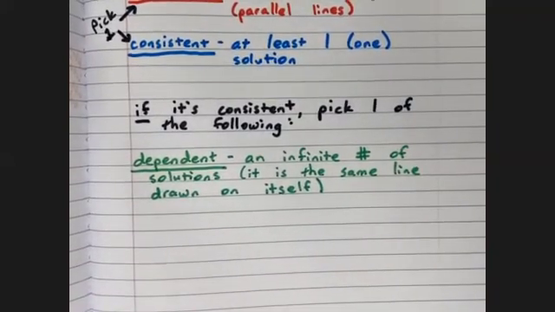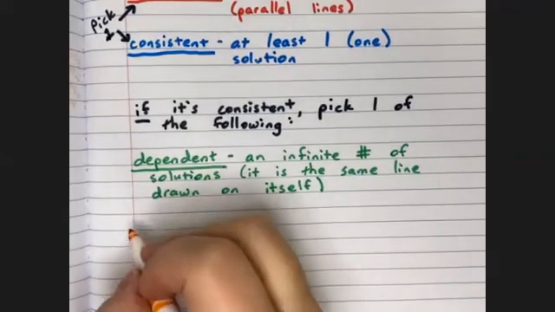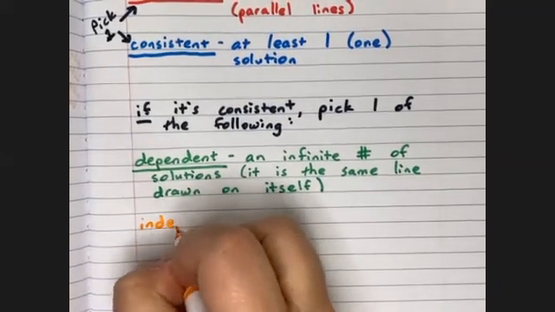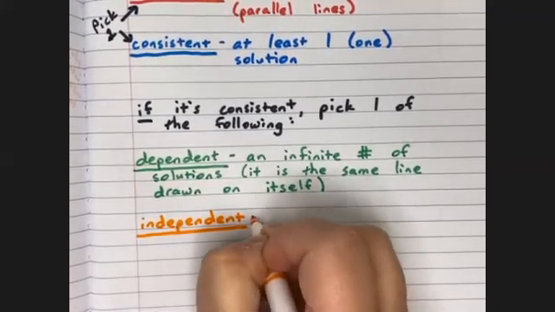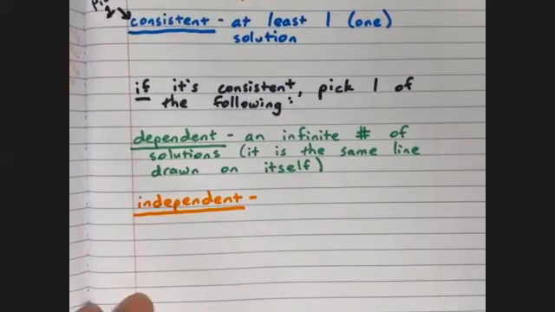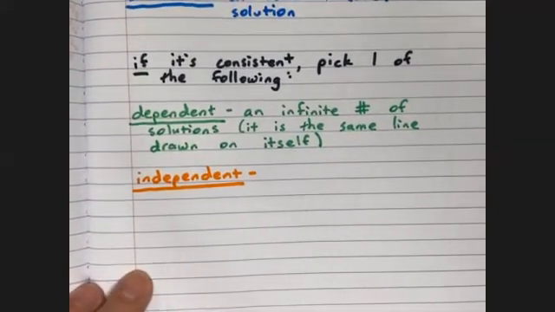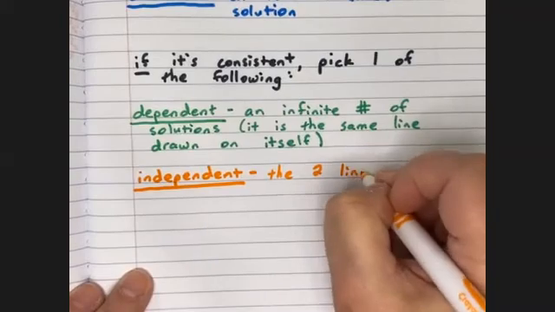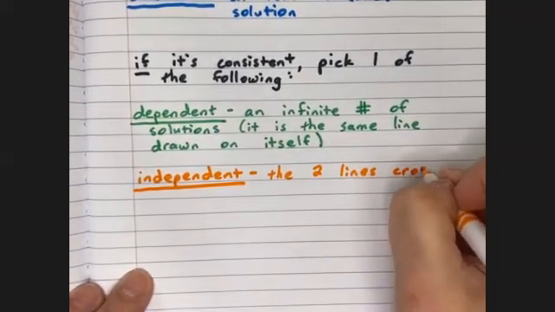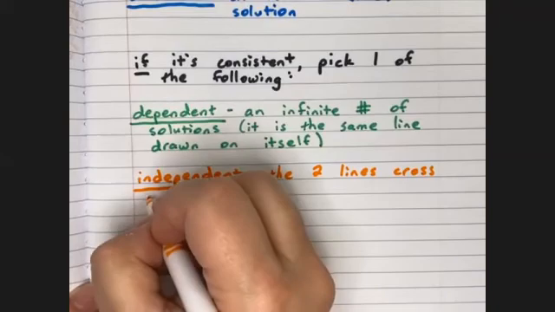Okay. So if it's consistent, we then have to say it's consistent and dependent, or we say it's consistent and independent. Now, if the lines are independent of each other, then that means it doesn't matter what the second one is, they're separate. So this is just the two lines cross somewhere, and there's exactly one solution.